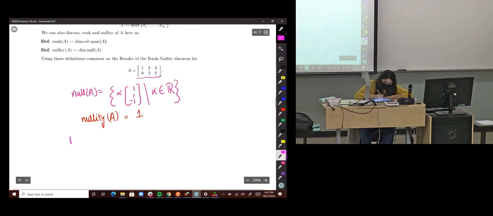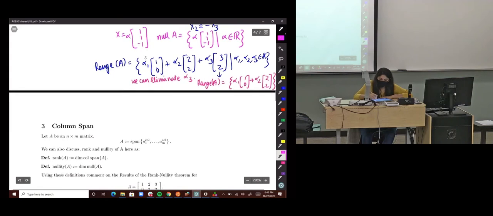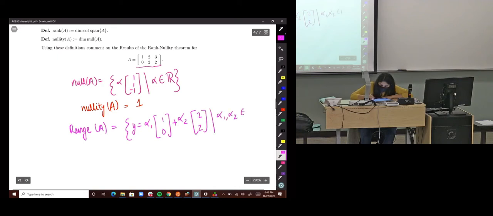Similarly, we found the range of A to be y such that y equals alpha 1 times (1, 0) plus alpha 2 times (2, 2), such that alpha 1 and alpha 2 are real numbers.